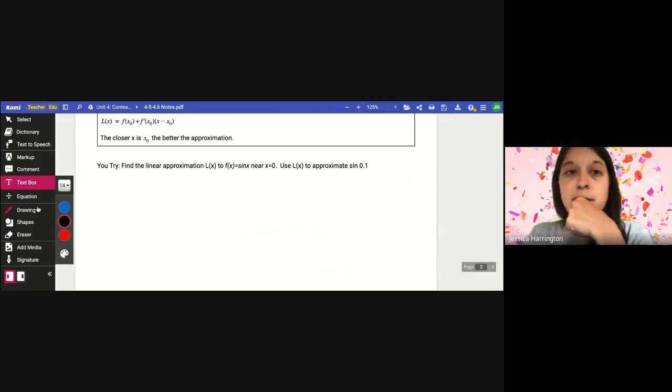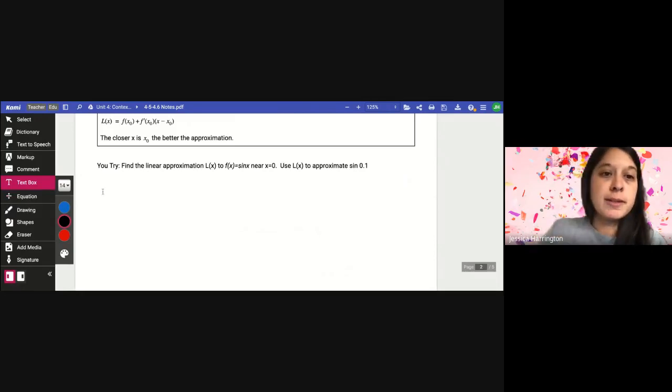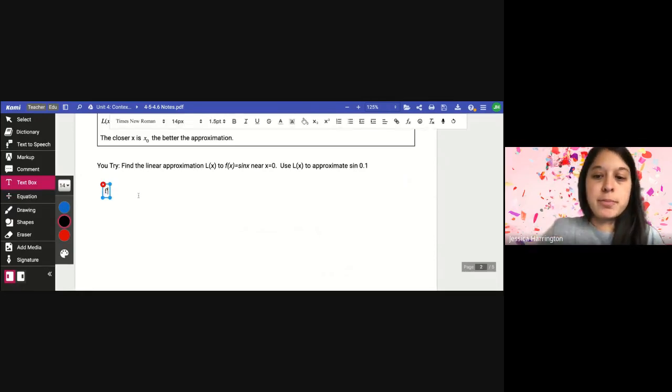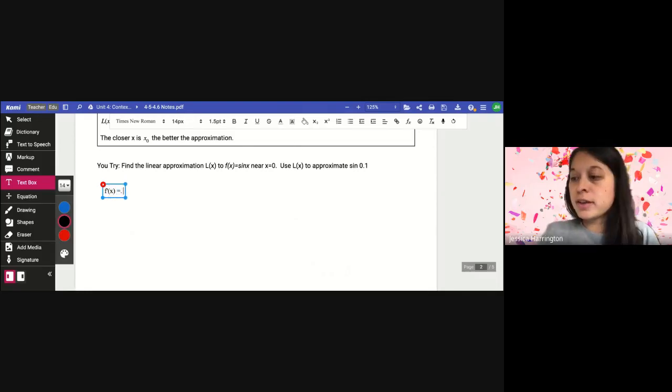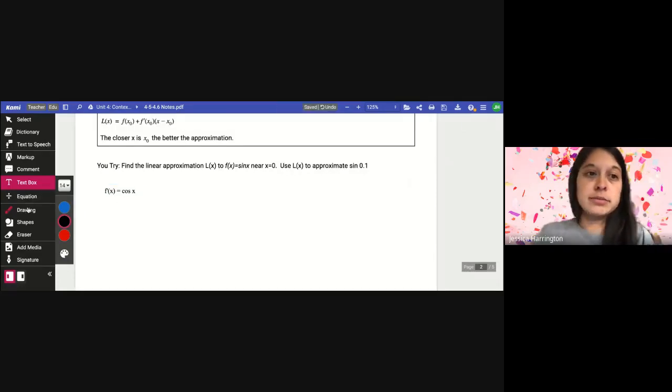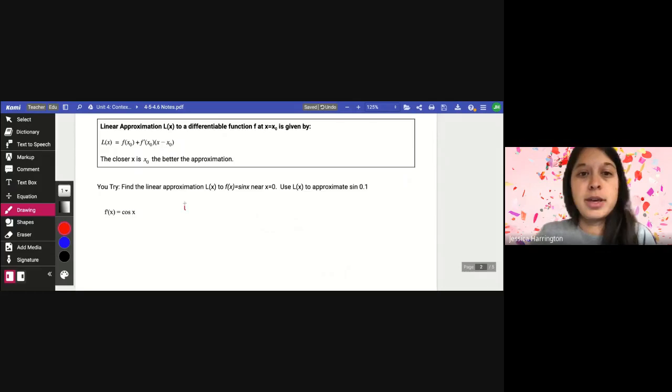So the first thing I'm going to do is just find f prime of x. And what's the derivative of sine of x? Well, that's just cosine of x. Okay, so then let's write everything down. L of x is going to be equal to the value of the function at the initial point.